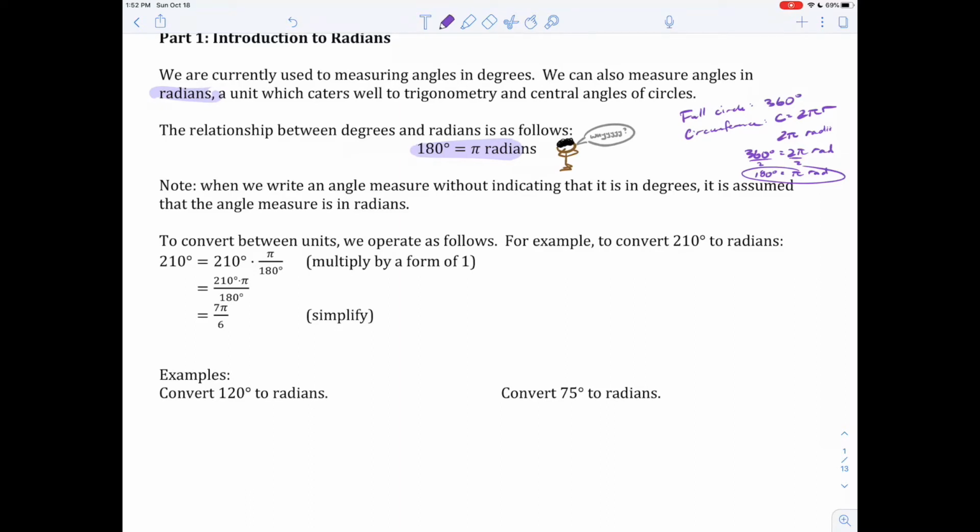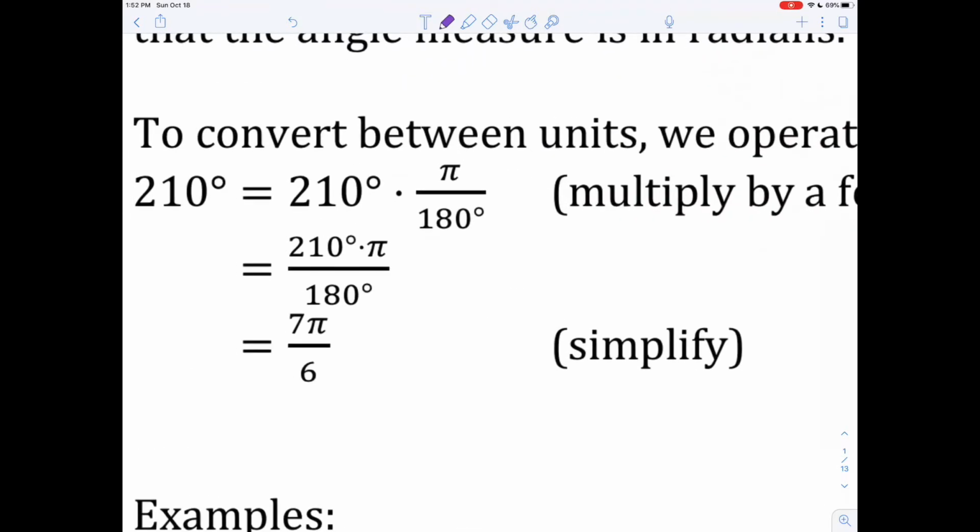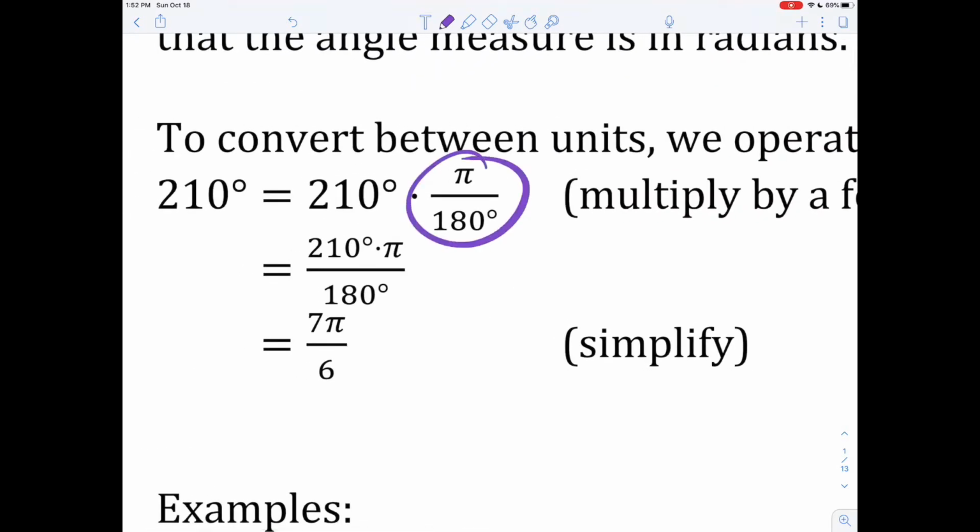Just worth noting. So conversion-wise, if 180 degrees is the same as pi radians, then there's our conversion rate. Pi over 180 degrees is equal to 1 because pi radians is equal to 180 degrees. So that's how we do that. And then all we have to do is simplify the fraction that we get.